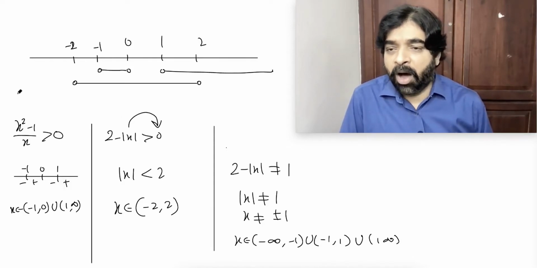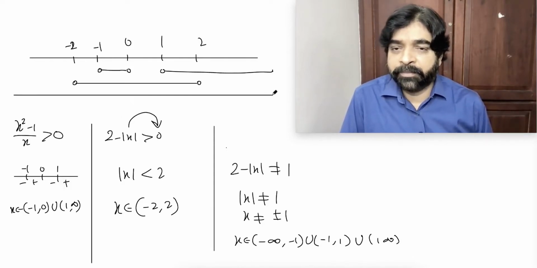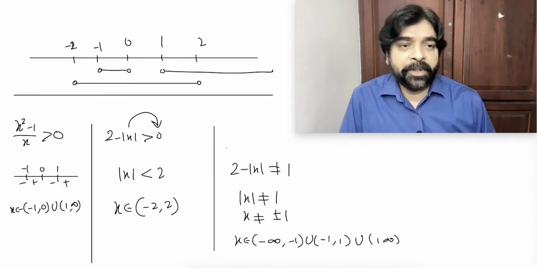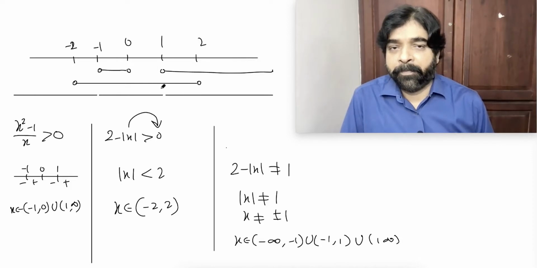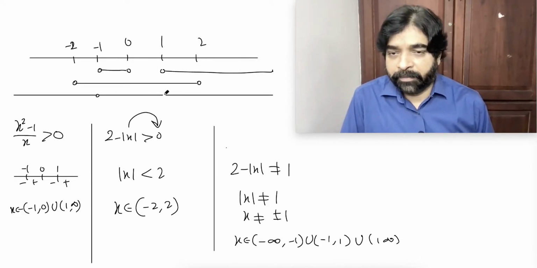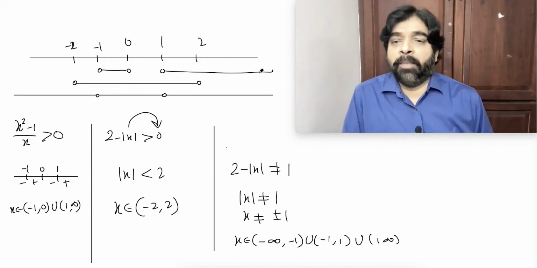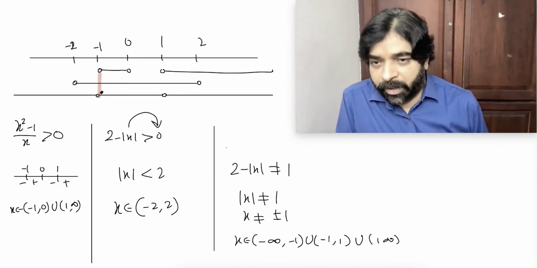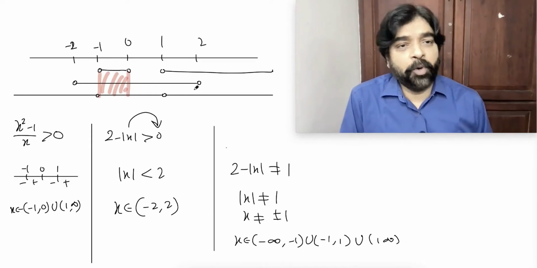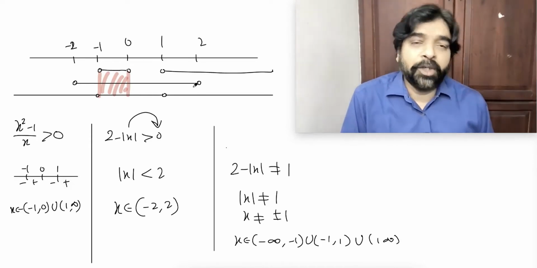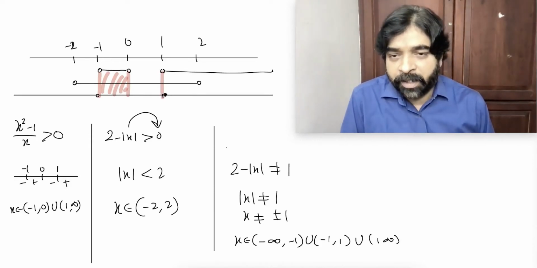This one says all real numbers except plus minus 1, so minus 1 open and 1 open. Now common. Where is it common? Here to here, 3 lines are common. We want 3. If 4 intervals are there, we have to search for 4 lines. If 2 intervals are there, we have to search for 2 lines. And then here to here.